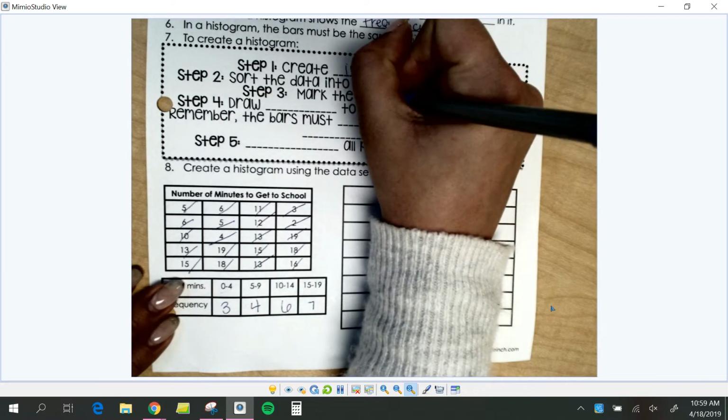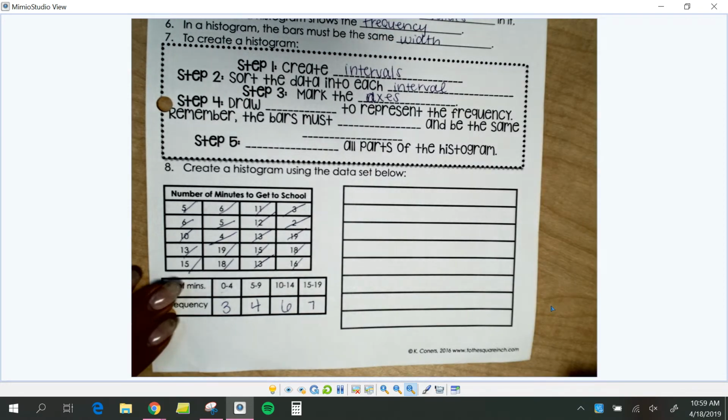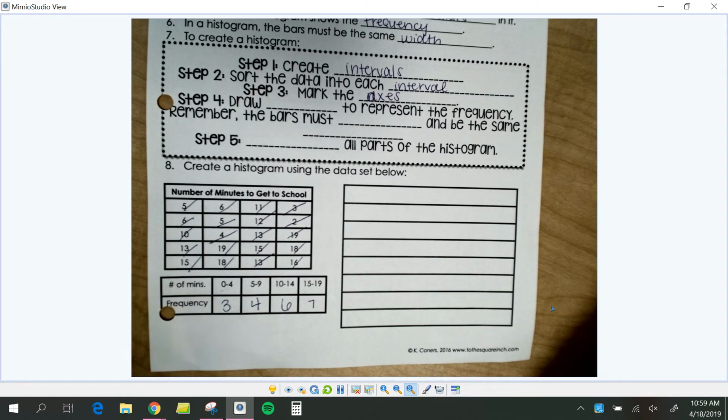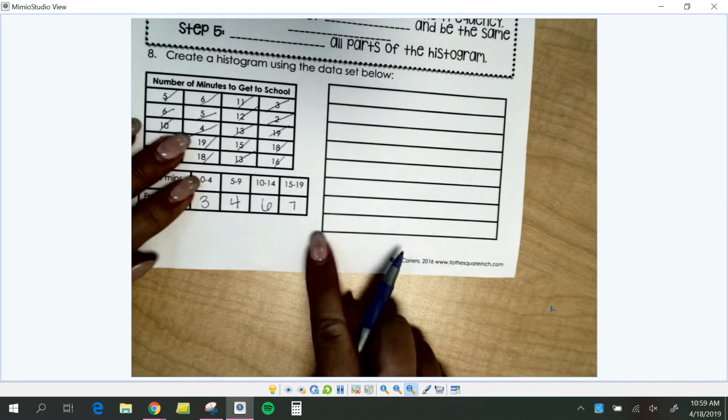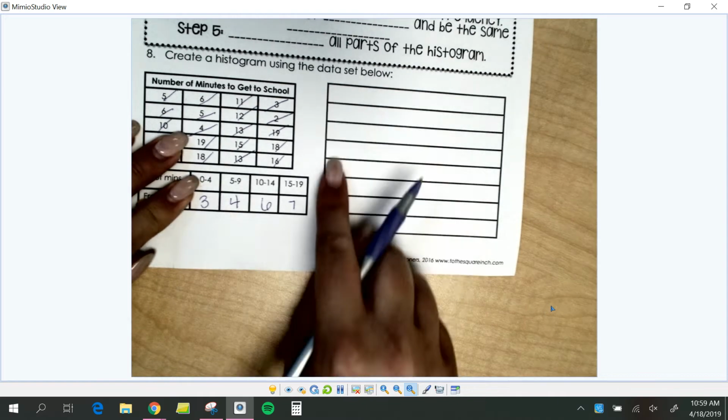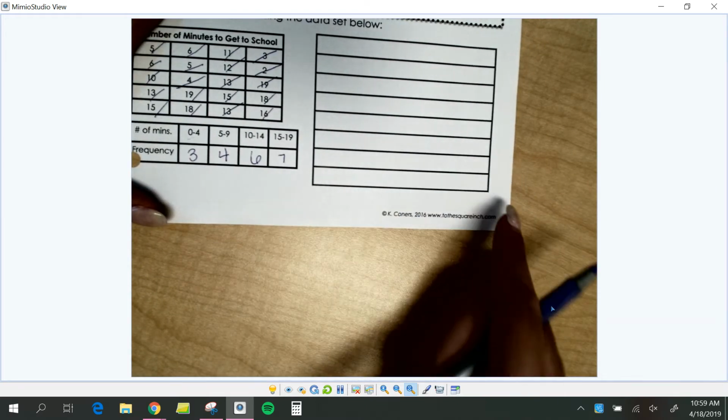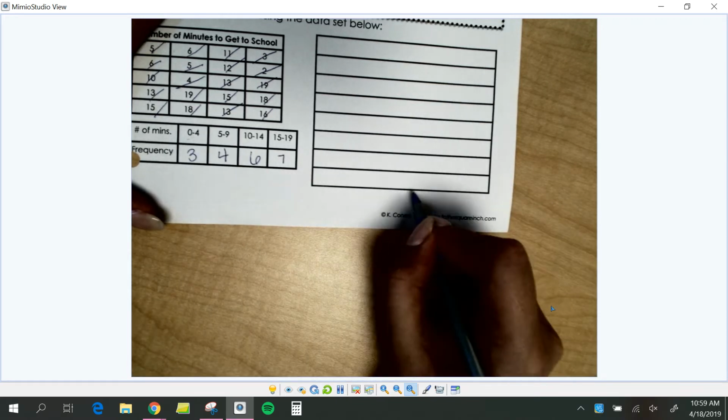Step 3 would be to mark the axes. Axes is plural for axis. So we're talking about the X and the Y axis. So down here, I'm going to split this into 4 intervals, okay? Because I have 4 groups. So since they all need to be the same size, I'm going to cut it in half and cut it in half again.